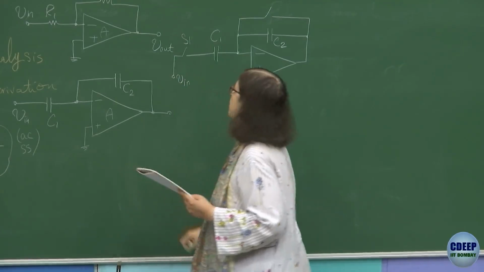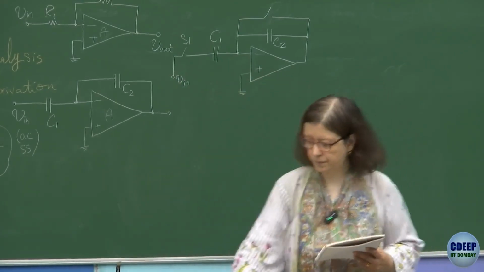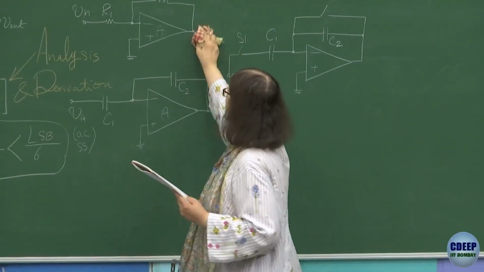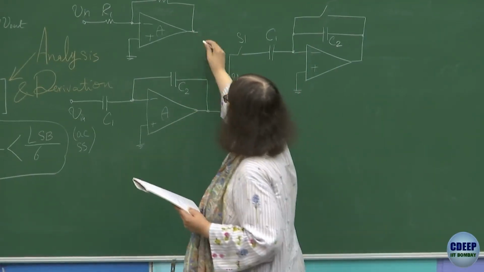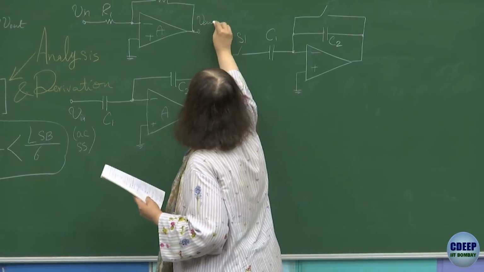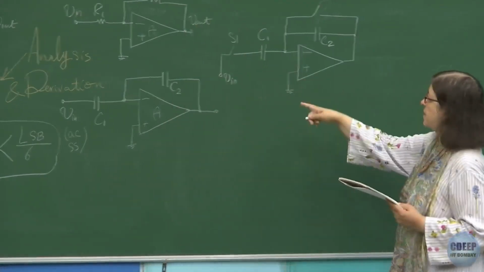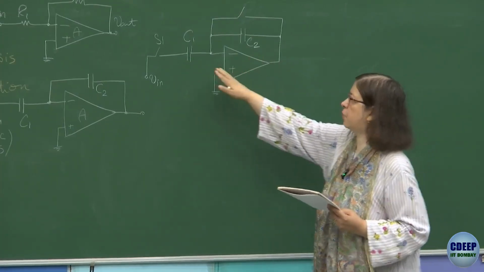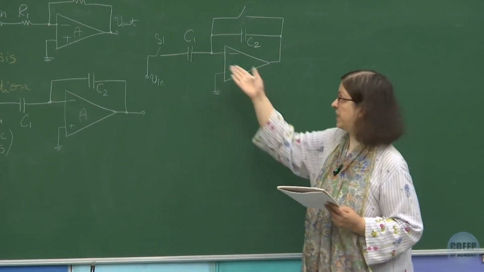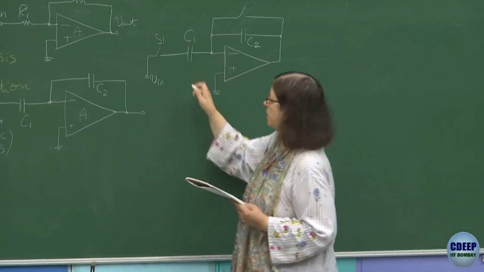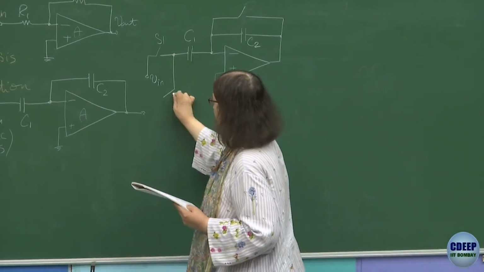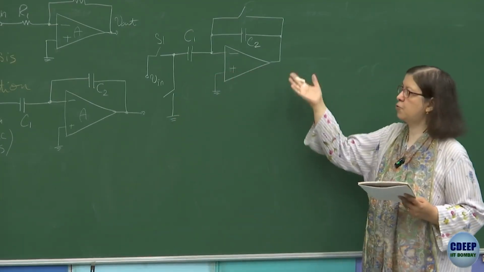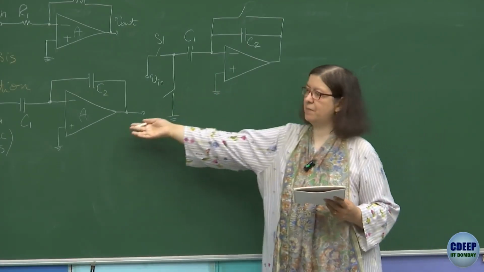See, this part is same as before, this left side. C2 will be kept because we don't want again to bring C1 back. We need it at the input for the gain. So therefore, instead, we discharge it to ground. So this is now the switching version of the same amplifier.